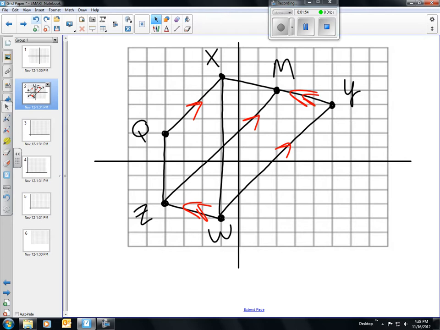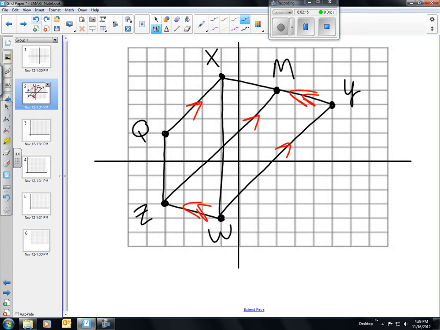And now we can say the angles that could be congruent. First of all, you could say this angle and this angle based on corresponding angles theorem. Next, you could say that the angle here and the angle here are congruent based on alternate interior angles.